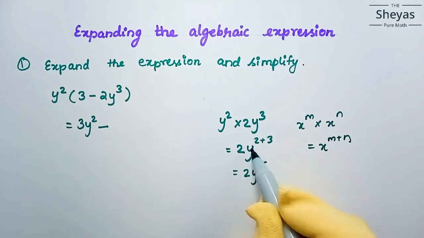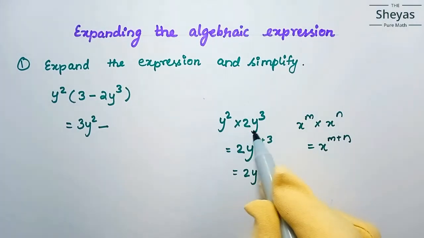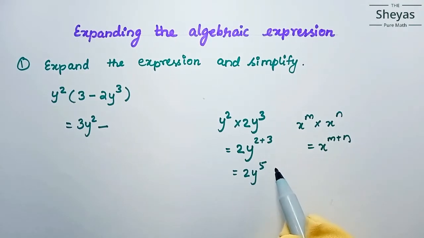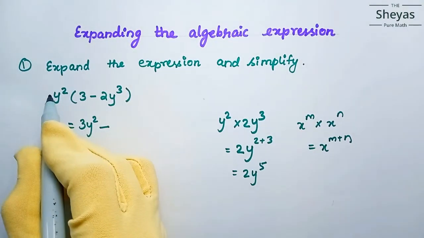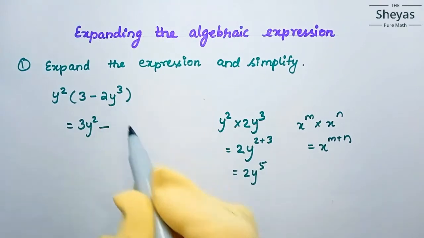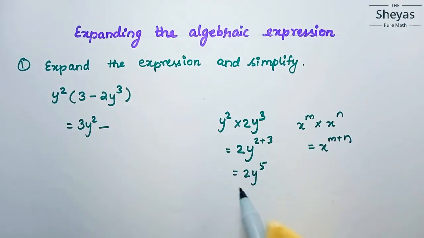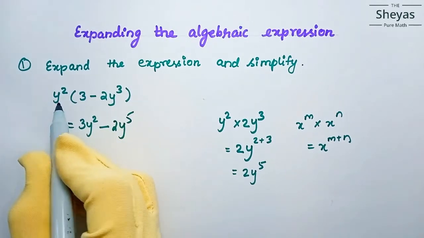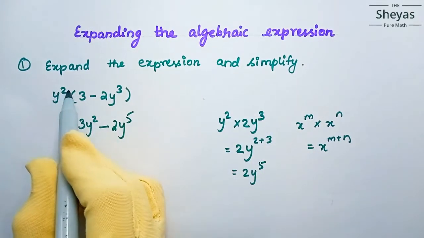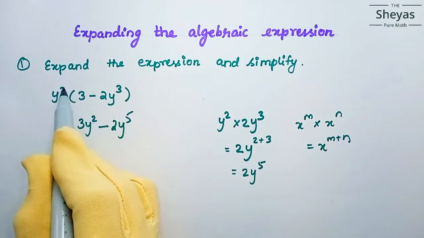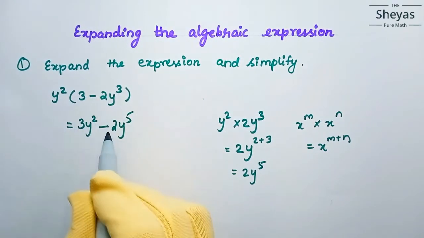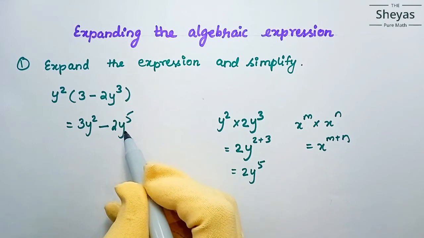Here it is the same base, so 2 plus 3, therefore 2y to the power 5. So y squared into 2y cubed is 2y to the power 5. Directly you can add the powers, because the base is the same. 2 plus 3 is 5. So plus into minus, minus 2y to the power 5.